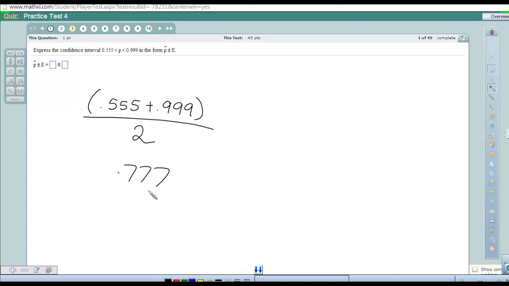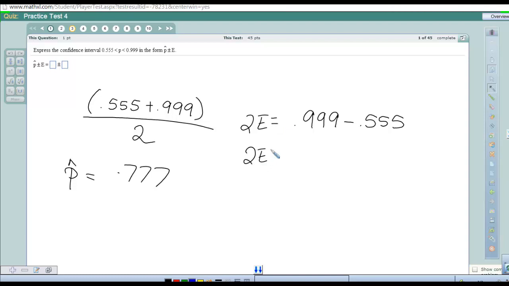So that's p hat. And then the margin of error: remember we said the width of the confidence interval is 2 times the margin of error. So the width is 0.999 minus 0.555, which equals 2 times the margin of error.